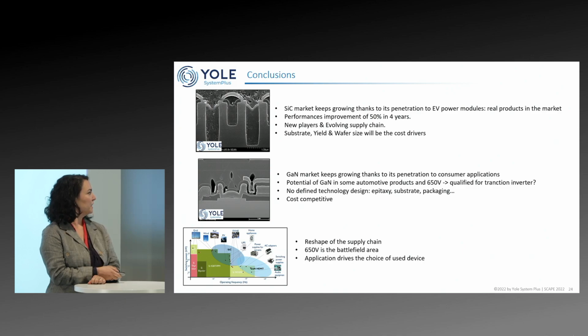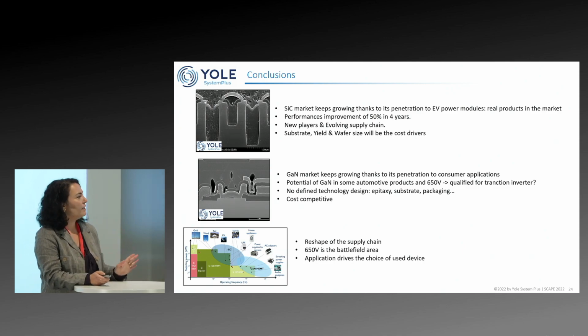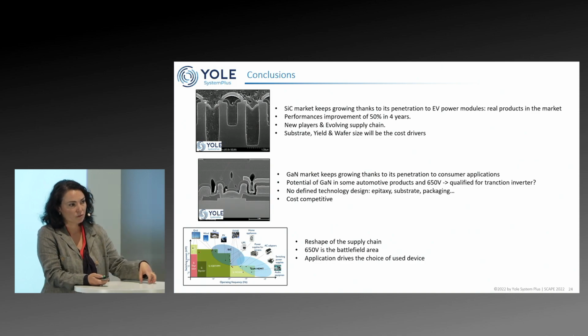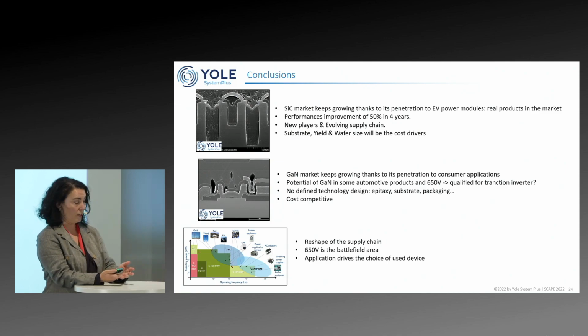For the GaN market, the growth is mainly thanks to consumer applications, to the entrance of power chargers. So Apple, the choice of Apple or Samsung to go to GaN.